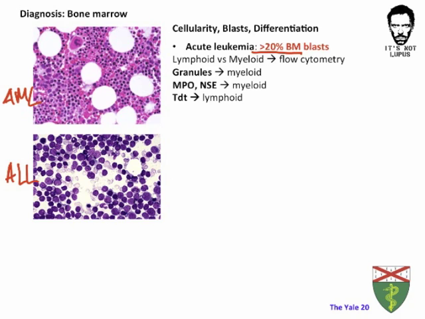For this, what we use most commonly is flow cytometry and immunohistochemistry. So immunohistochemistry, for example, if we see granules, that points more towards a myeloid leukemia. If we see a positive stain for myeloperoxidase or nonspecific esterase, points also more towards a myeloid leukemia. If TDT gets stained positive, it is more a lymphoid subtype.